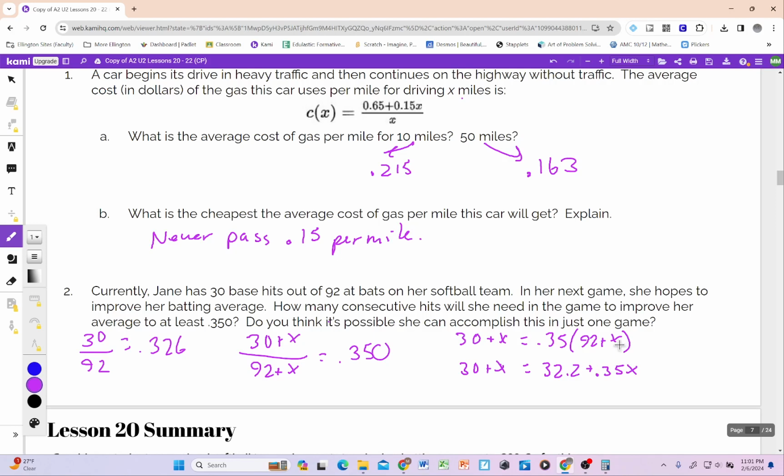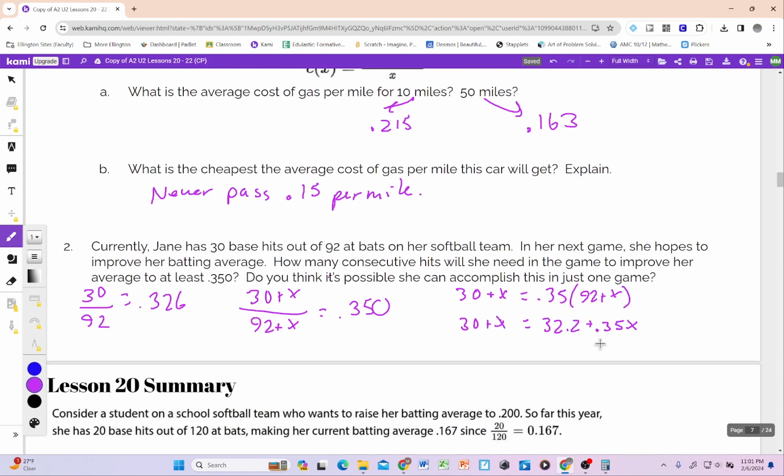I'm running out of room here, so we'll extend down a little bit. I hope that's okay because we're getting into the summary part. Let's subtract the 30 from both sides. So you get 2.2.